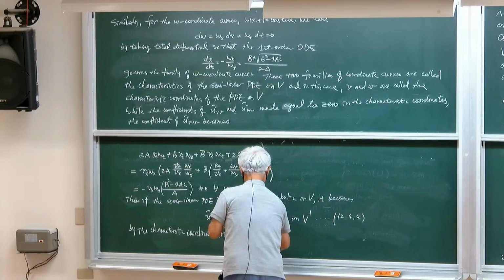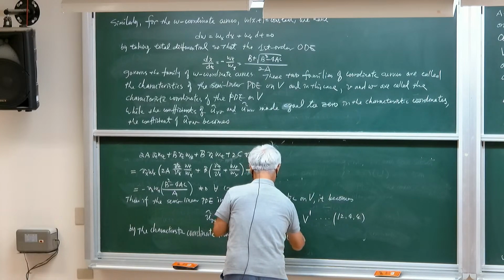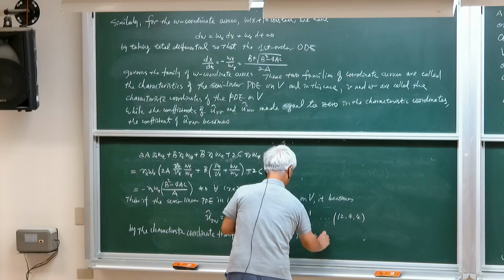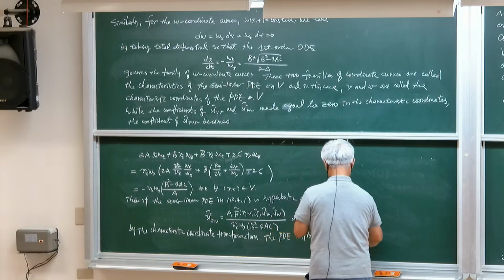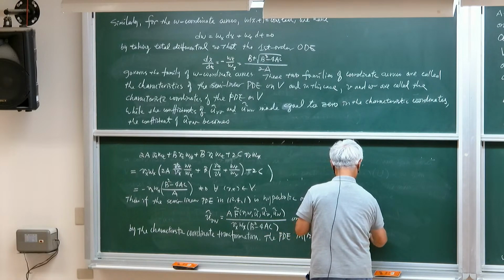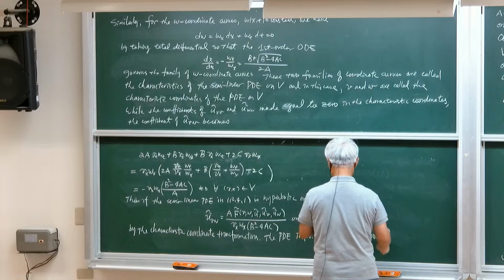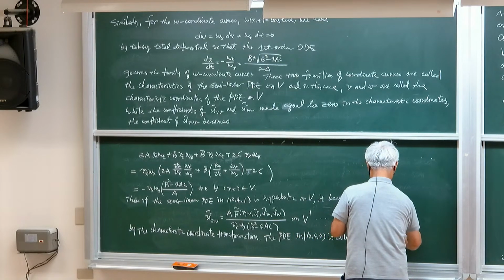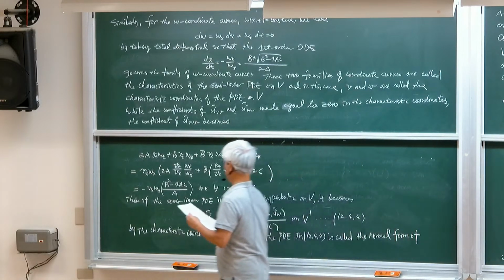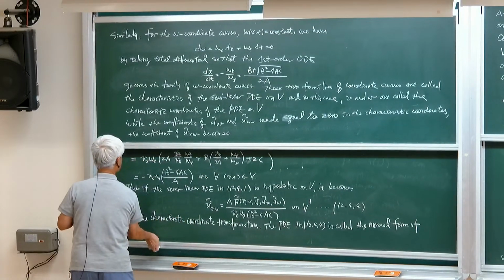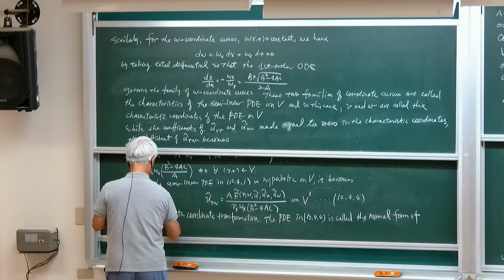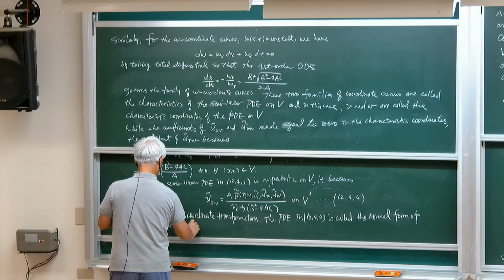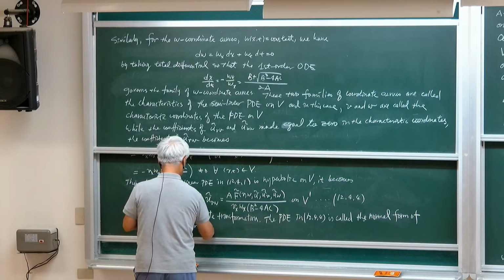So the PDE in 12.4.4 is called the normal form of hyperbolic semi-linear PDE.